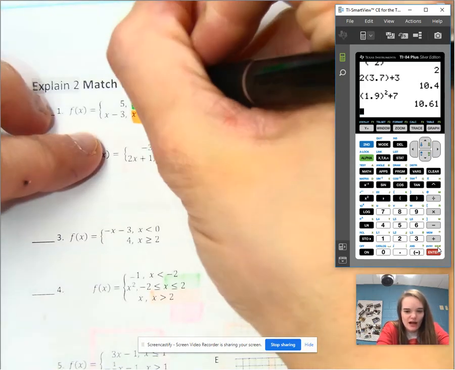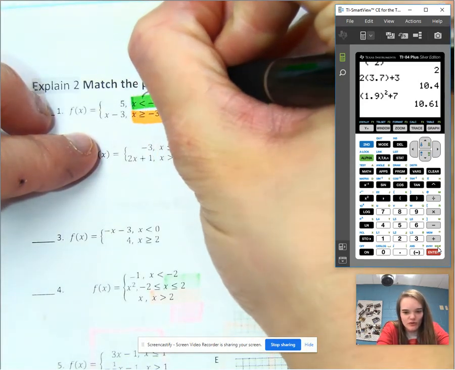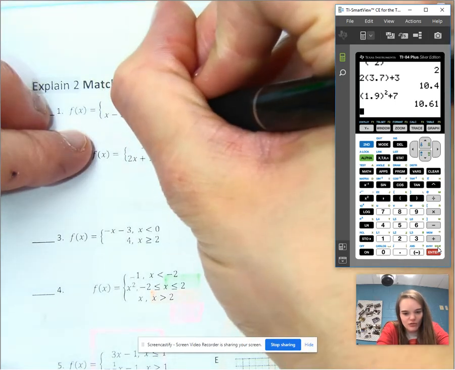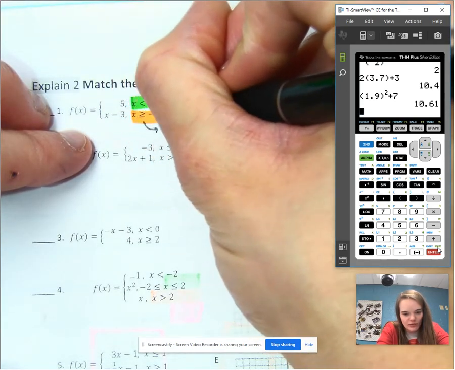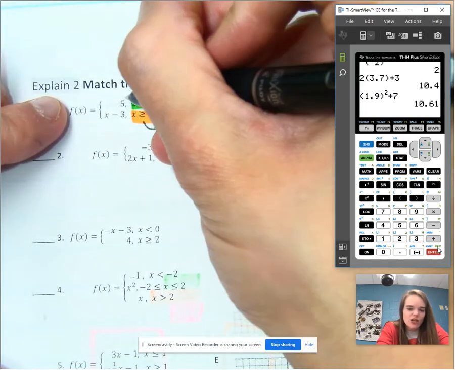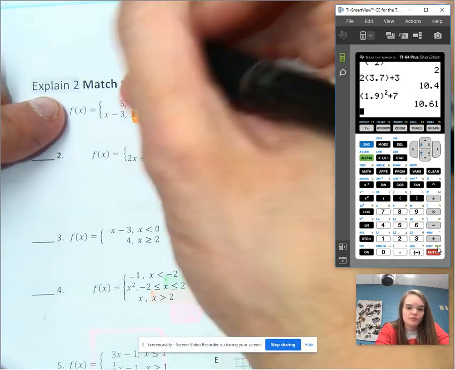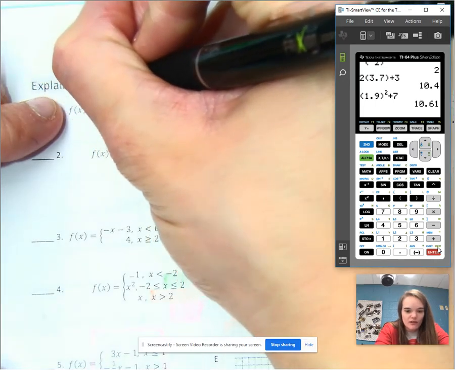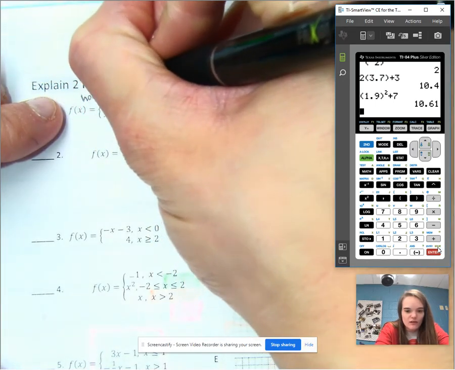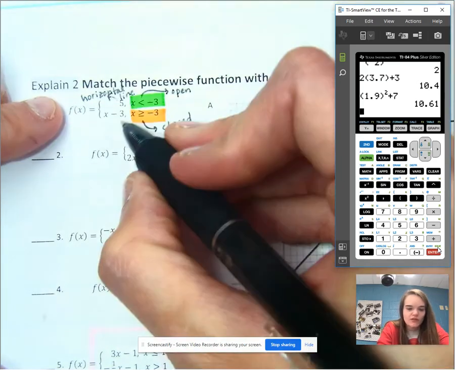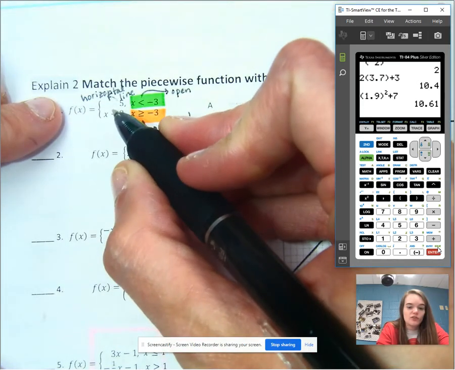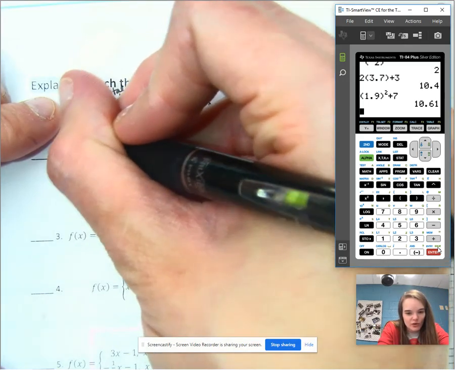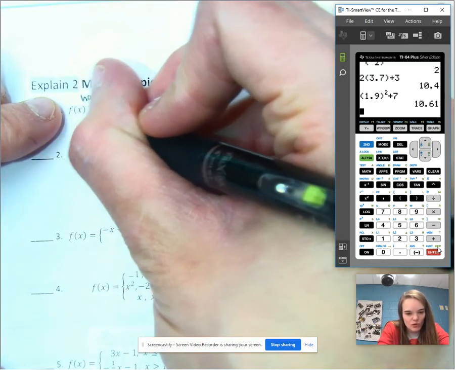This means I'm going to have an open circle around -3, and a closed circle around -3. A number by itself is a horizontal line. This says the y-intercept is at -3, and the slope is 1.